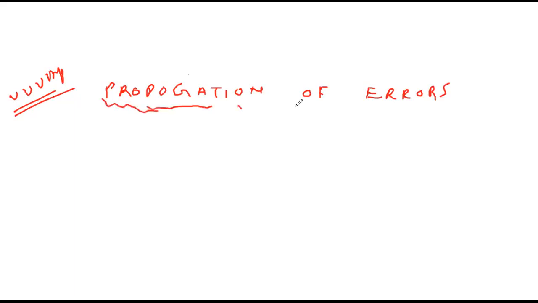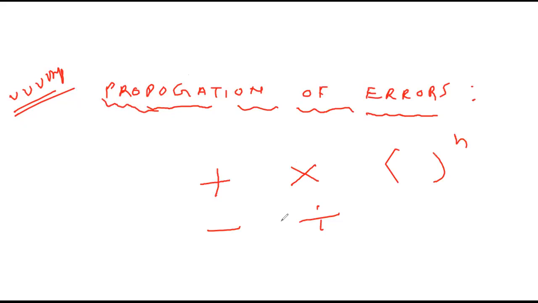That means when you do any operation like addition, subtraction, multiplication, division, or power, how this error will get moved ahead, or what will be the resultant. That is called propagation of error. So we'll start with addition and subtraction, then go to multiplication, division, then power. One by one we are studying all. Very important, as I said, one sum will guaranteedly be asked in the exam.